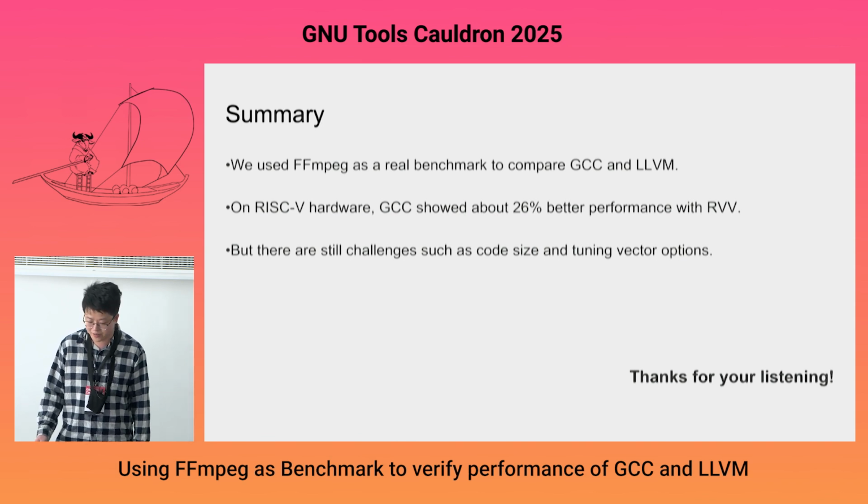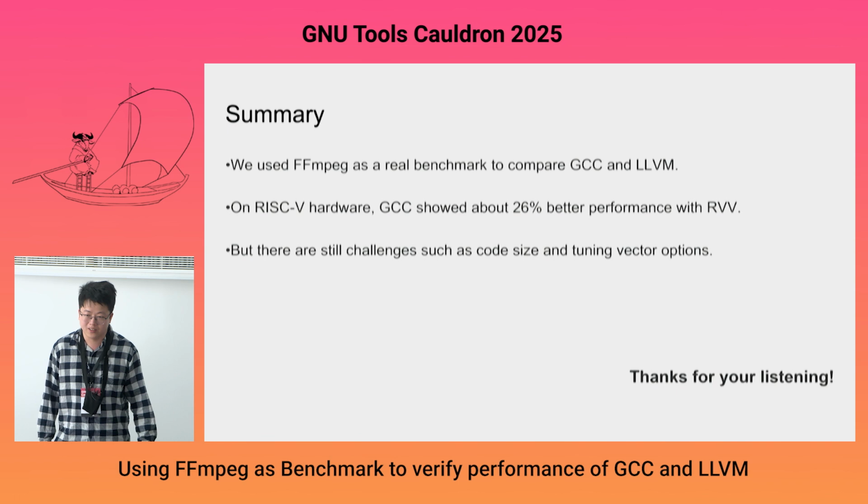But there are still some challenges, like code size, and we didn't test on different real boards, since we only have the K1 as the board which supports the RVV extension. We may try more RISC-V boards next year.